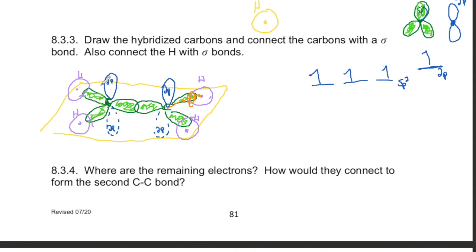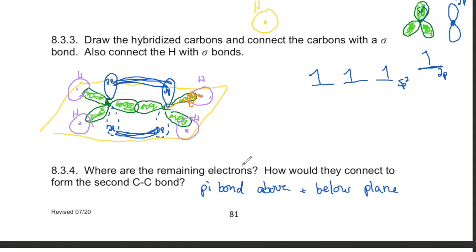And unfortunately, I have drawn these carbons quite a long ways away. So I'm going to have to kind of connect these with some lines to make them overlap. Kind of stretch them out in this direction. So pretend these are stretching towards one another. So we have some overlap region above and below the plane. That's what makes this a pi bond, because drawing a line from this carbon to this carbon, it goes through this sigma bond, but it does not go through the overlap of this pi bond.